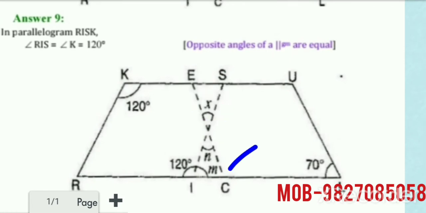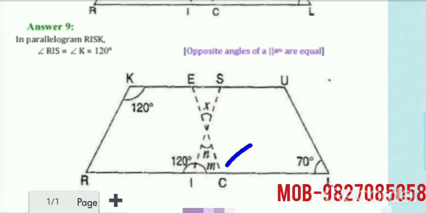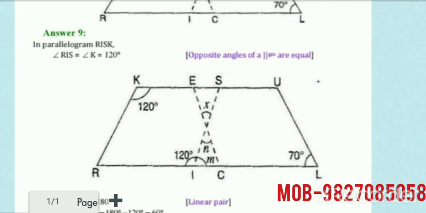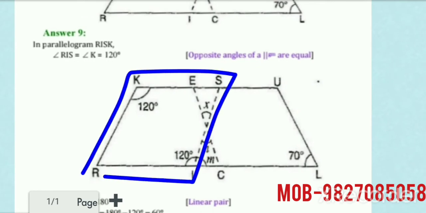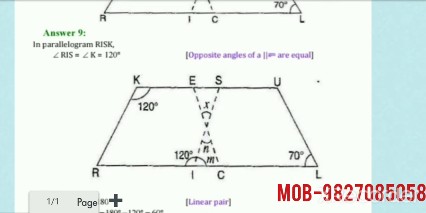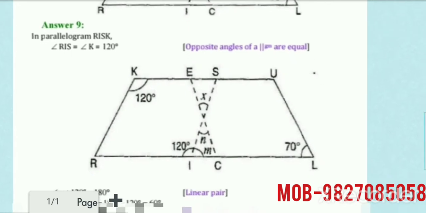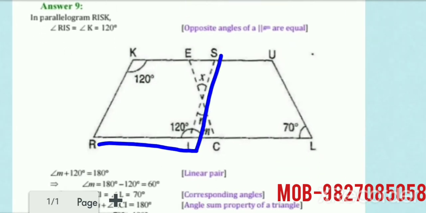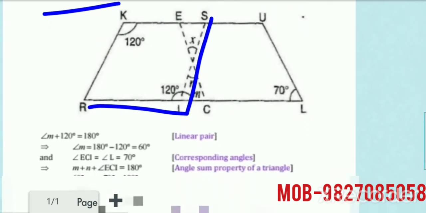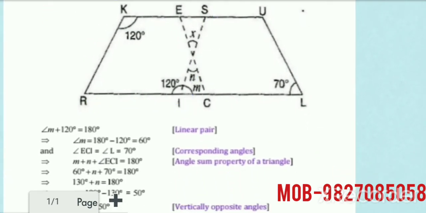Suppose this is N and this is M. Okay, so in parallelogram RISK, this is 120, so this is also 120. Now RIS is also 120, and let M plus 120 is equal to 180. Because they are a linear pair, we can say M will be 60.